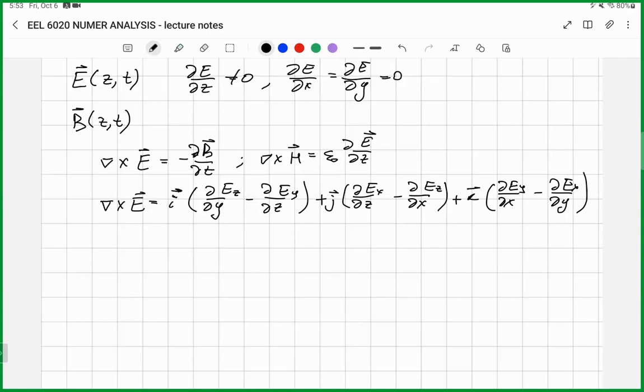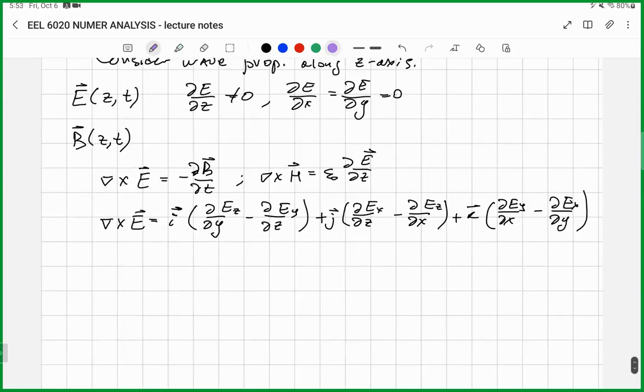Okay. So now, since my electric and magnetic fields depend only on z, I can cross out the x and y derivatives.